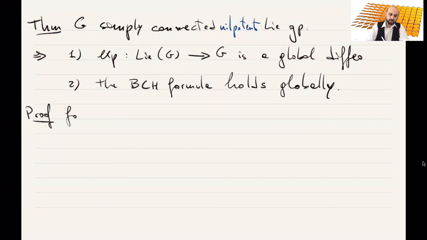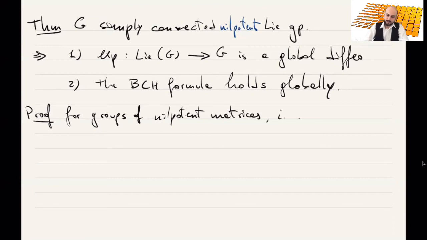So let's just give the proof for groups of nilpotent matrices. Namely, let's assume that there exists some n such that G is a subgroup of the n by n upper triangular matrices with one on the diagonal.